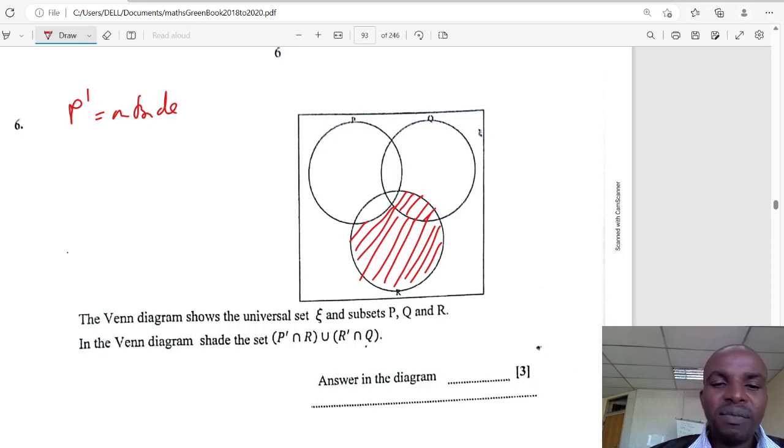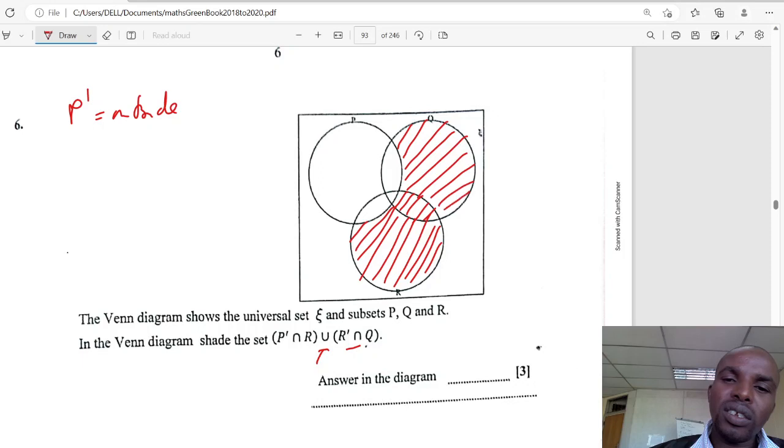Then combined with R complement is a union, which means we want everything. So this part is needed. R complement intersection Q: R complement is what is outside R, intersection Q. So this part. It will be this one also.